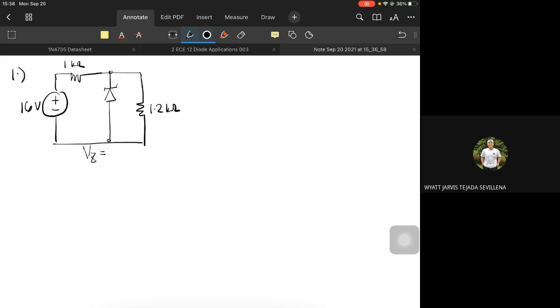VZ is 10 volts and PZ max is equal to 30 milliwatts. Okay, some questions there.